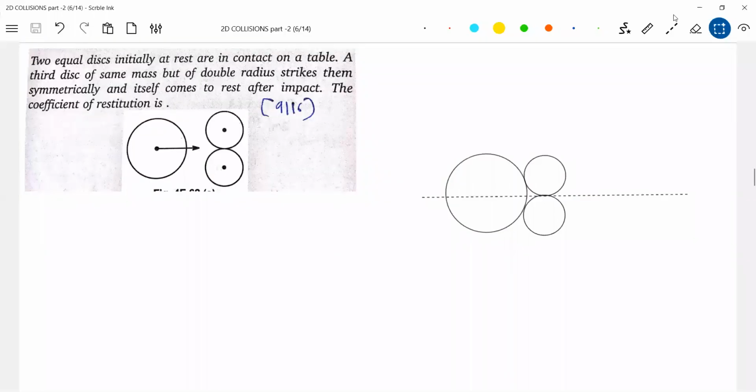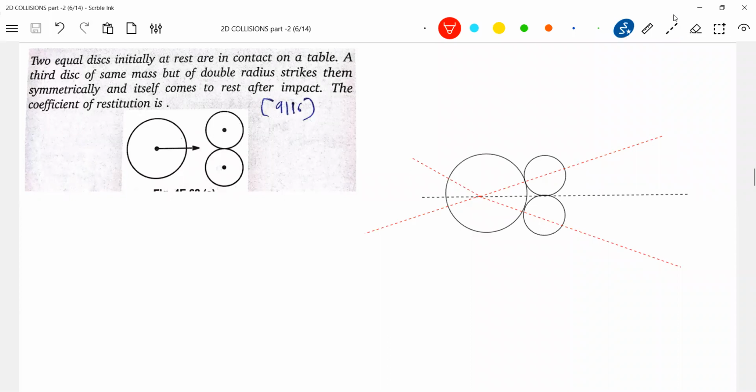This is how the collision occurs. First we'll show there's a line of impact for this. There's a line of impact. It collides simultaneously with both. Okay, now getting to the problem. And it comes to rest after impact.